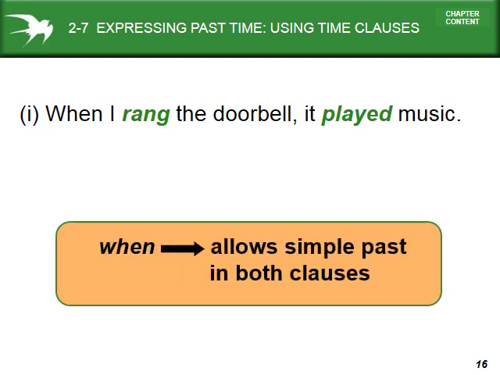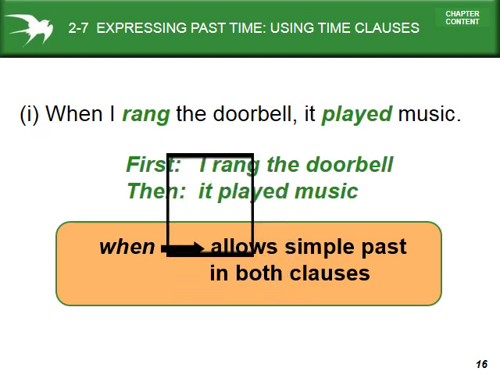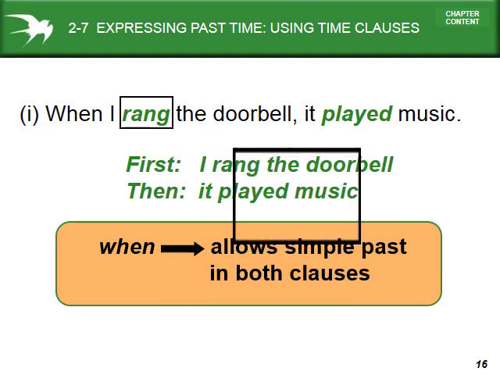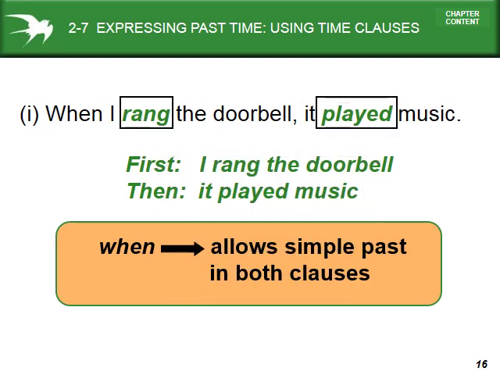Now, when allows the simple past in both clauses, the time clause and the main clause. So when I rang the bell, it played music. Okay, so both of these are in the past tense, but the meaning is different. When we have a time clause with when, the time clause with when represents the first activity.